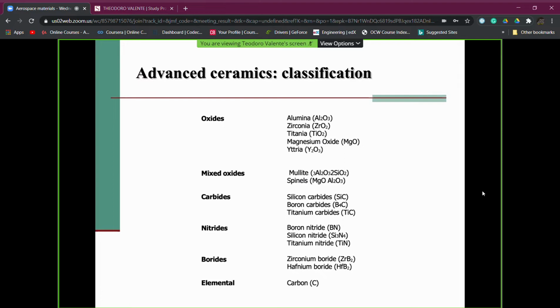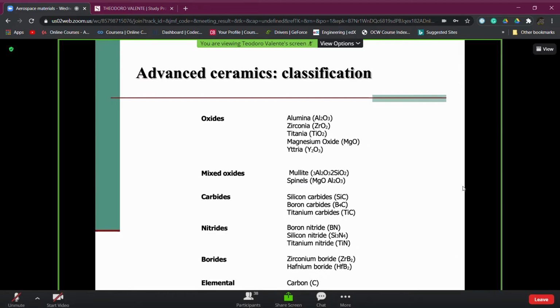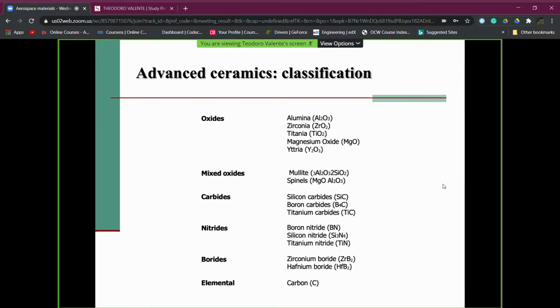If we compare, for example, these classes with the class of the metallic alloys, you remember in the metallic alloys we can have the aluminum-based, titanium-based, magnesium-based, steels, nickel-based, cobalt-based, that is the class of superalloys, iron-based superalloys, and so on.